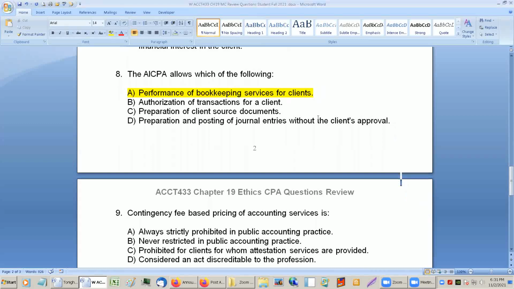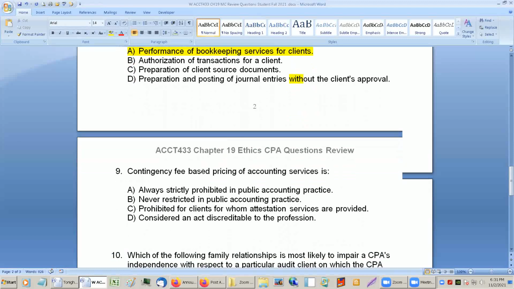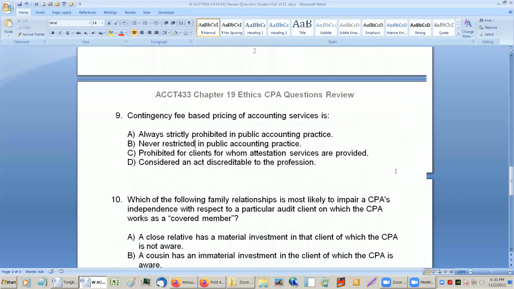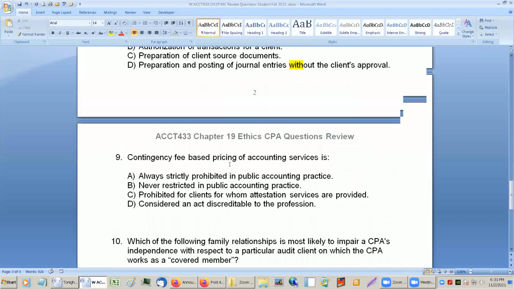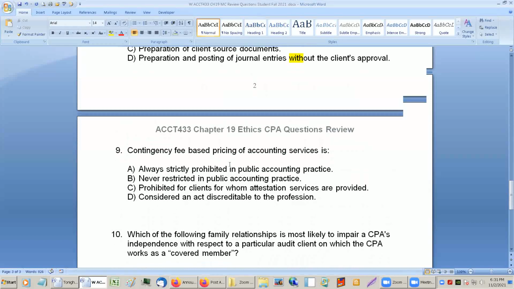D would be correct, but it'd have to be with the client's approval. So the client would have to approve it. You can make journal entries, but the posting will be done by the client. Good.